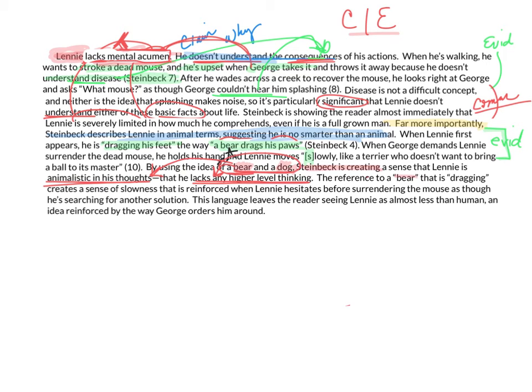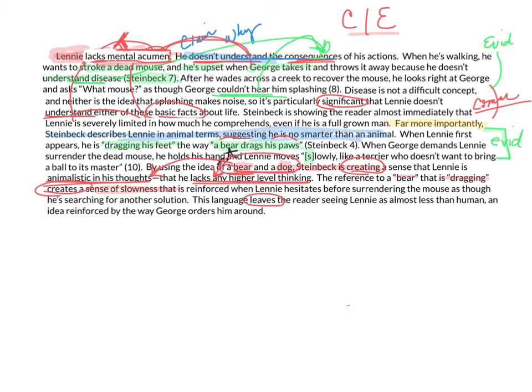The reference to the bear that is dragging creates a sense of slowness. And when you're doing cause and effect commentary, you are going to see these words about cause, effect, create. It leaves the reader. These are words that tell me that you're actually going into that cause and effect commentary.